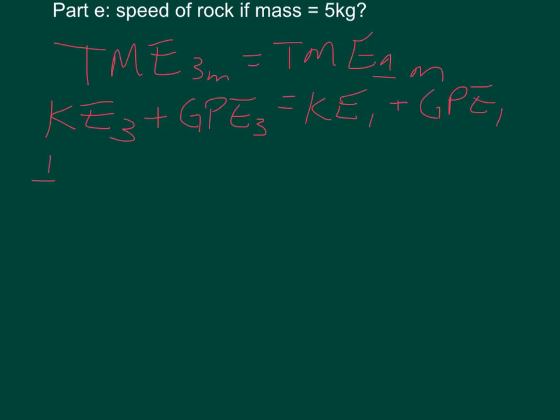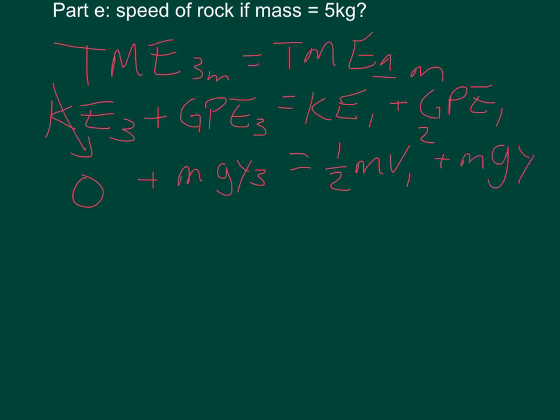We know that kinetic energy at the 3 meter point is 0 because she dropped the rock, and we've already established that. So 0 plus the gravitational potential energy at the 3 meter point would be m times g times y at the 3 meter point. And this equals the kinetic energy at the 1 meter point, 1/2 m v1 squared, plus the GPE at the 1 meter point, m g y1.